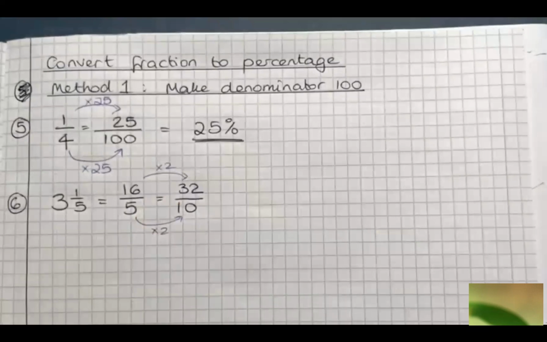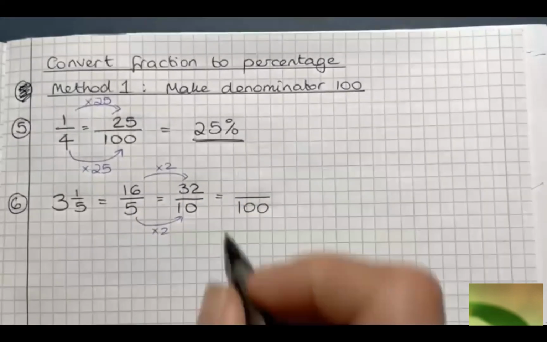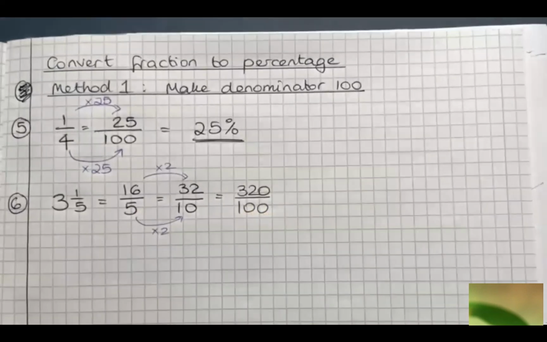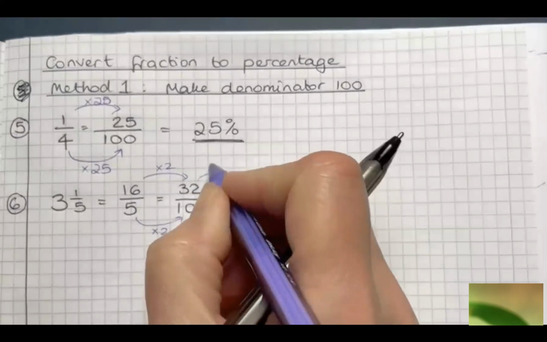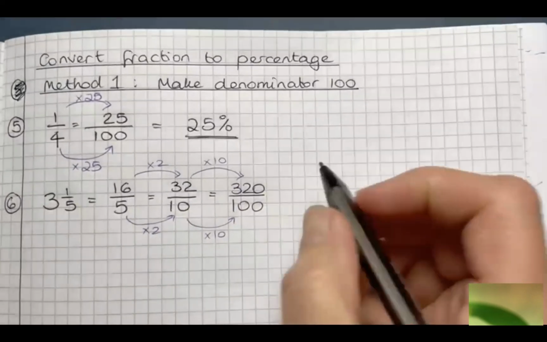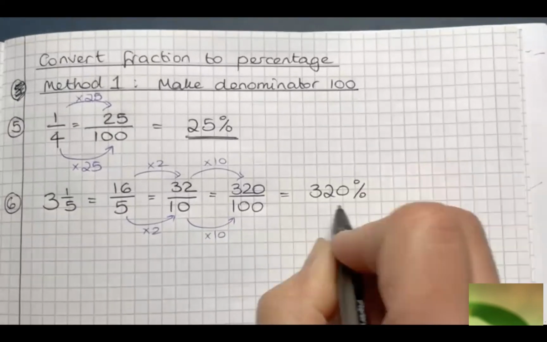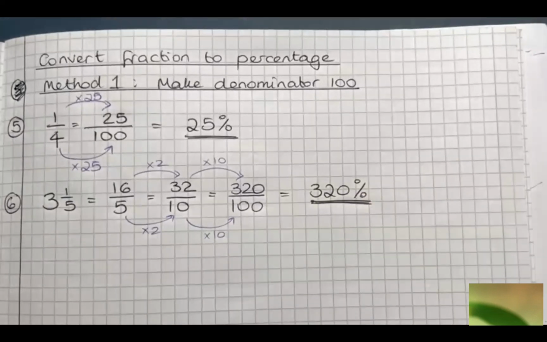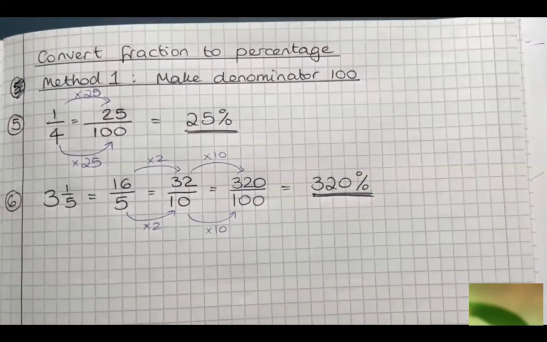And now it's fairly straightforward to see that if I multiply my numerator and my denominator by 10, I'm going to get a denominator of 100. And therefore, we can see again that I'm going to have a percentage greater than 100%, and that is absolutely okay.